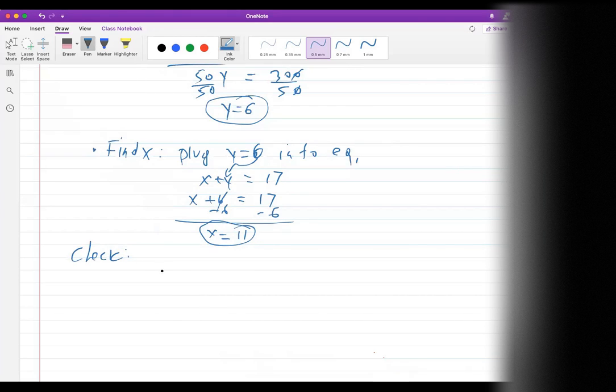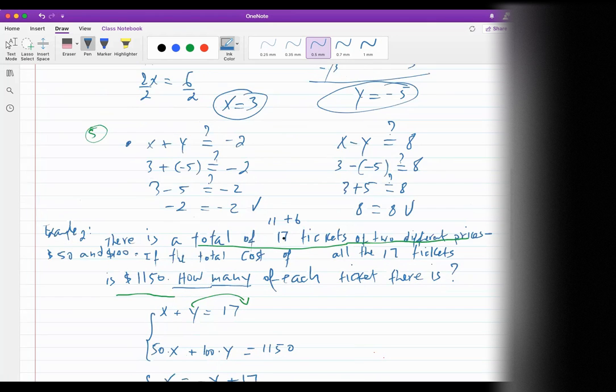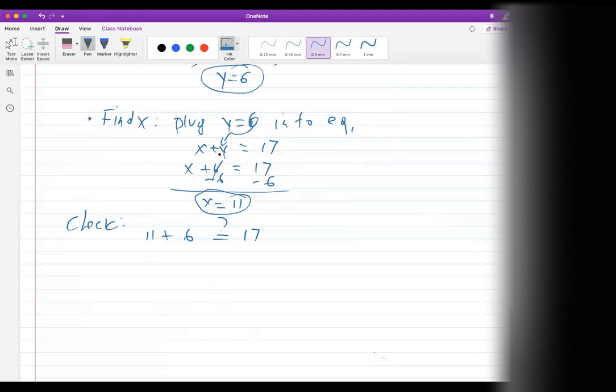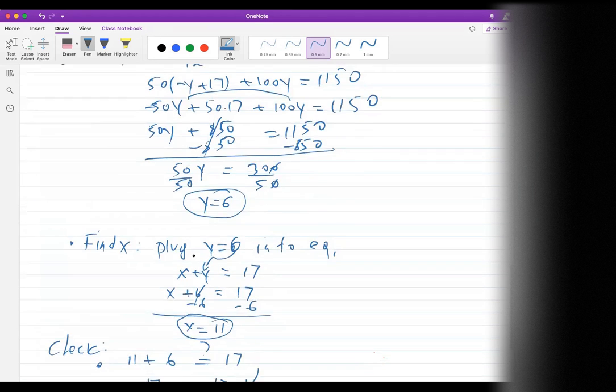So to check, we set the sum of them, x plus y. So 11 plus 6, they must add up to 17 according to the problem. And yes, in fact, that checks. The second part is to make sure that when we multiply each ticket by the price, we get 1150.